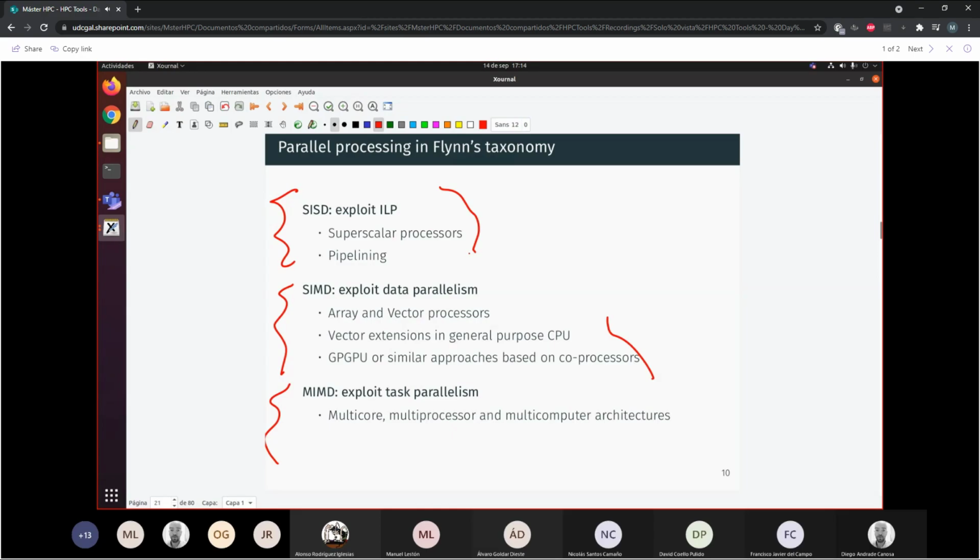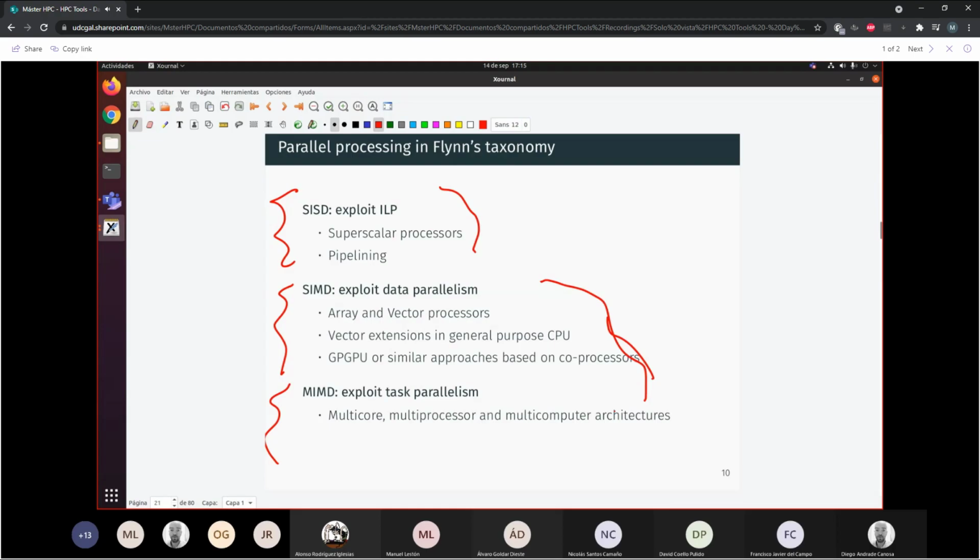In the case of SIMD, that is another category of Flynn's taxonomy, there are several examples. The most exotic is array and vector processors. They were popular in the 90s or something like that, but they are not popular anymore. Although some rarities, like for instance, the TPUs from Google for artificial intelligence could fall into this category.